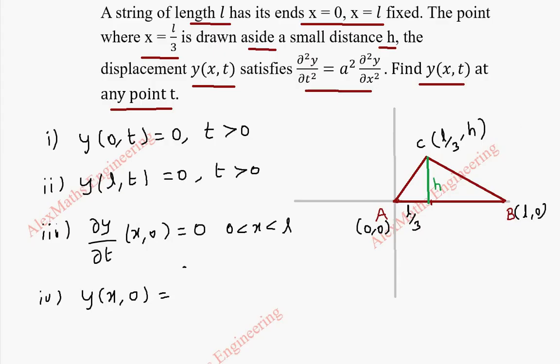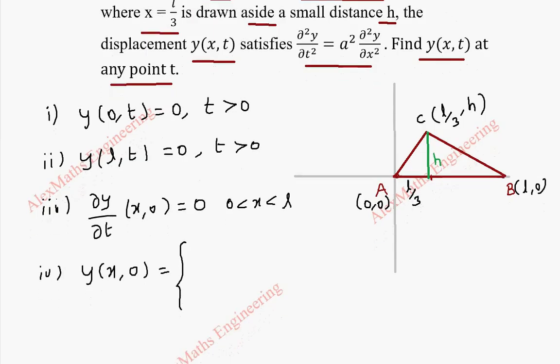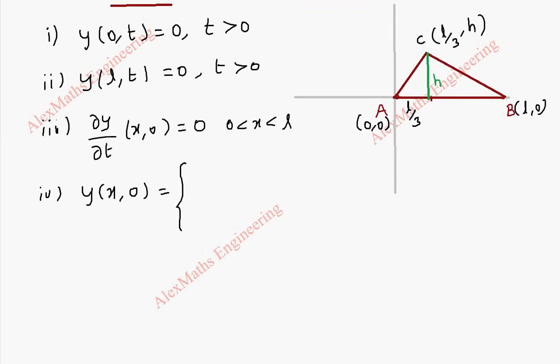That is, we have two parts. One is from A to C, then C to B. So we are going to use the 2-point formula. The equation of AC: A is 0 comma 0, C is L by 3 comma h. So this is A and this is C, and for reference let's take x1 y1 and x2 y2.